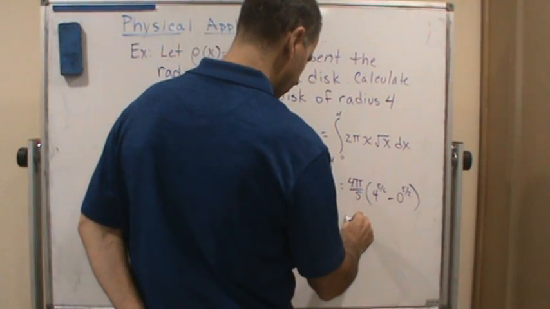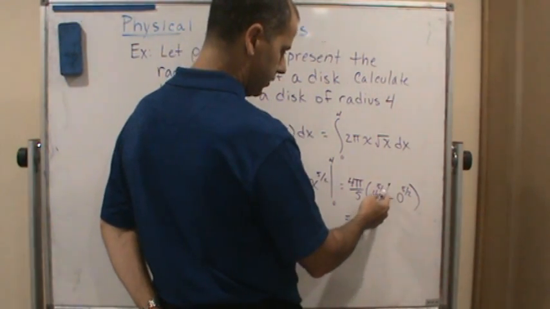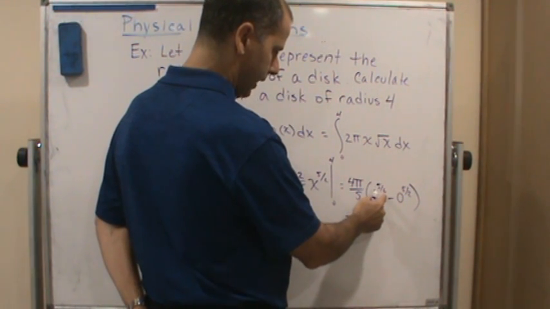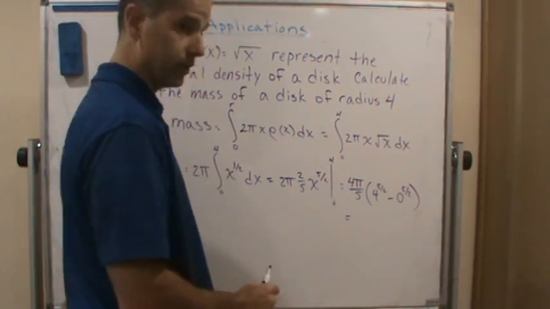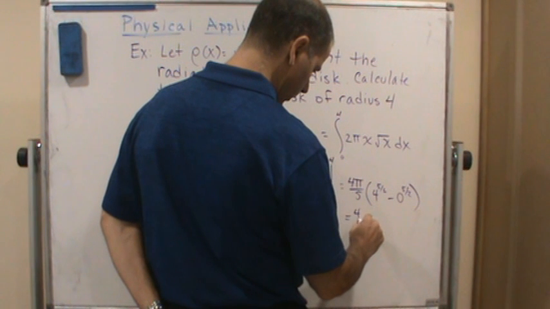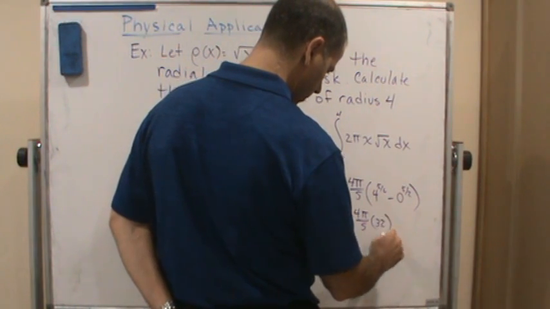So this is going to end up being equal to, well, what? So this is going to be 2 to the 5th, right? Because 4 to the 1/2 power is square root of 4, so that's 2. 2 to the 5th is 32. So this is going to be 4 pi over 5 times 32.